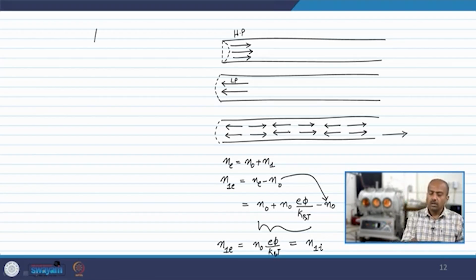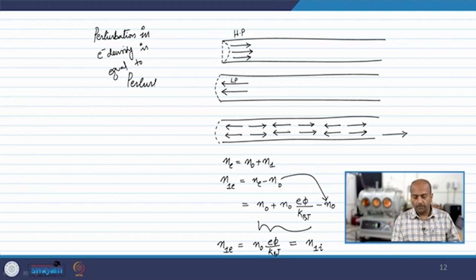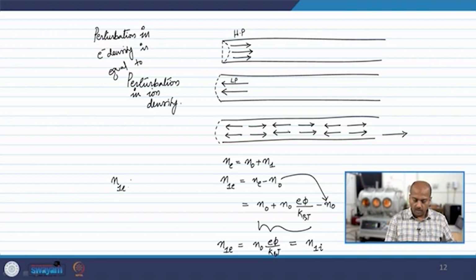This is because of this simple assumption: perturbation in electron density is equal to perturbation in ion density. Fine. So, as a result, we have a very important equality, which is N1e is equal to N1i. Let us see how we use it.